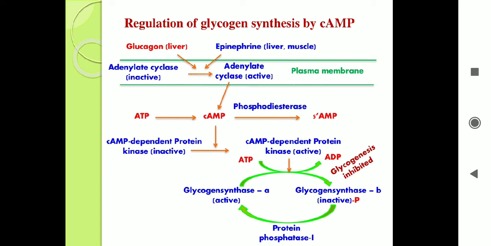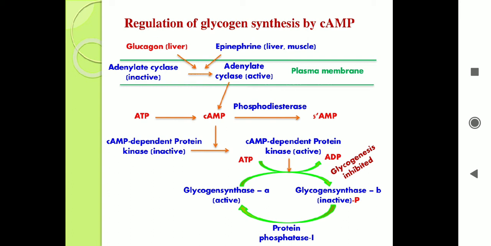That cAMP goes towards the cAMP-dependent protein kinase enzyme, which is in an inactive form, so there is a conversion. As I told you, you can convert it from active to inactive or inactive to active. Then there is a formation of ATP, and then it will enter into another pathway, glycogenesis, which can be inhibited.